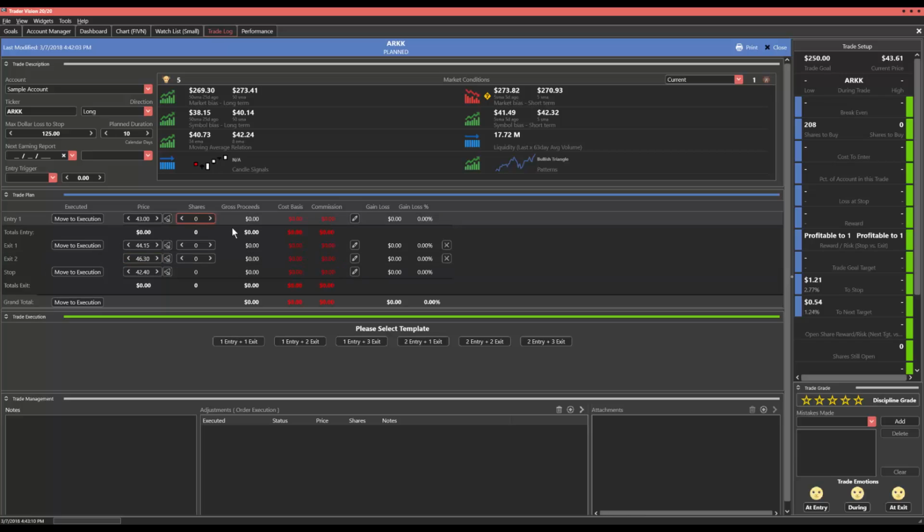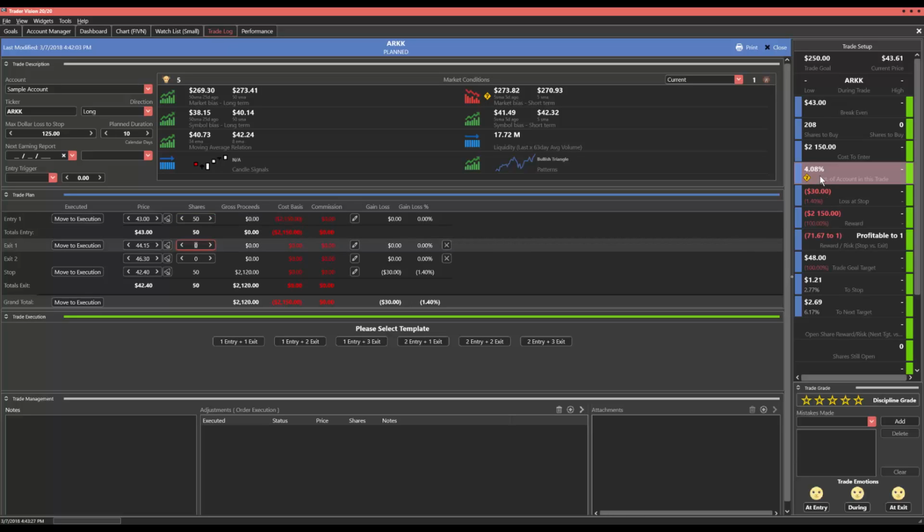If that's what our plan looked like, it tells me I can buy 200 plus shares to keep below 125 risk, but I know I'm going to be pushing it at 50 with a small account. For argument's sake, let's say that I can handle that 4% of my account.